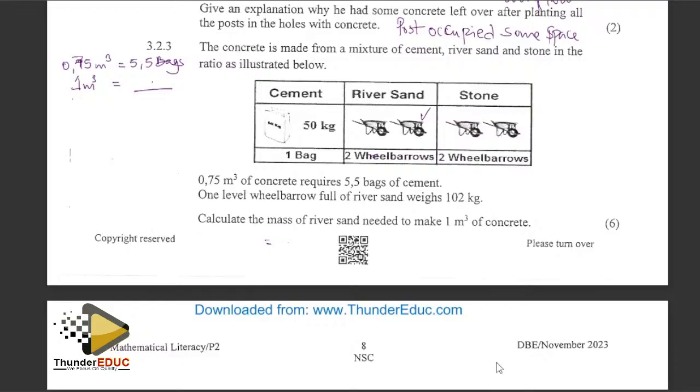These ones will lead me to the number of wheelbarrows that I need. So this simply means I will cross multiply. This multiplies with that, this multiplies with that. At the end, I need to divide 5.5 divided by 0.75.